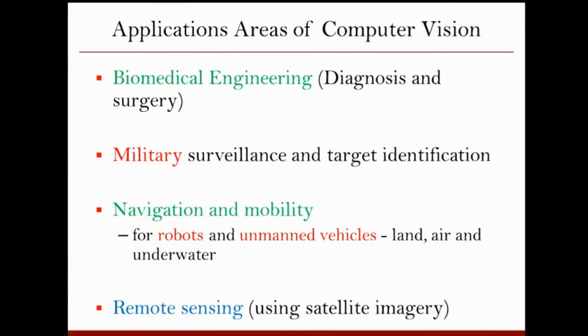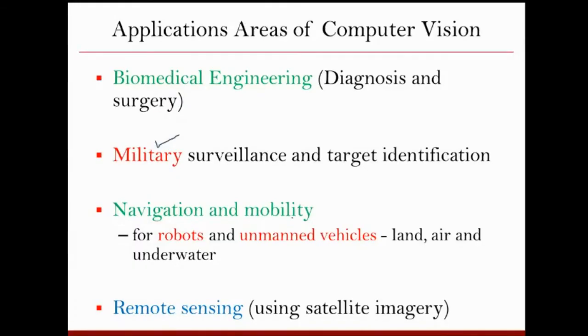There are so many biomedical applications. A lot of computer vision applications are in the military, in robot navigation, as we just discussed, and in remote sensing, analyzing satellite imagery. Whatever list you see here is maybe very insignificant compared to the places where we can apply computer vision.